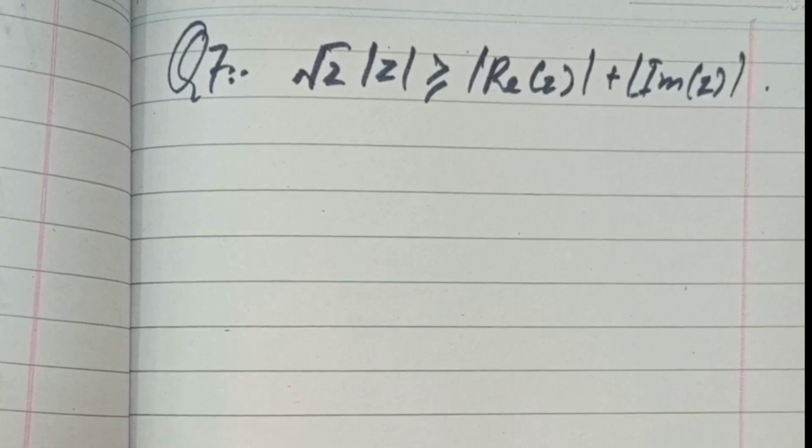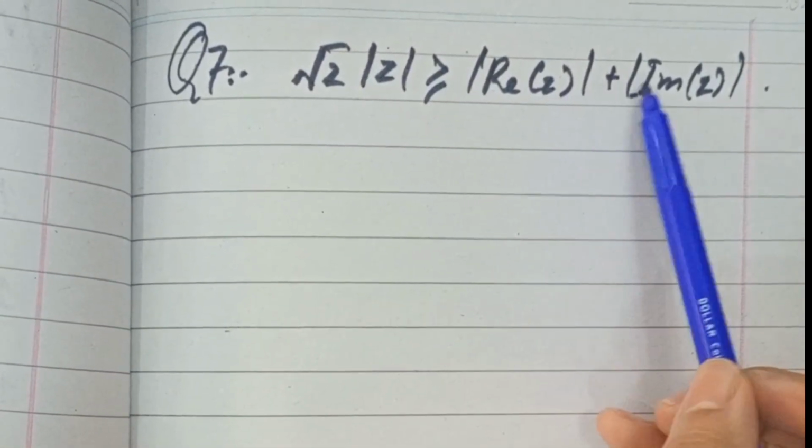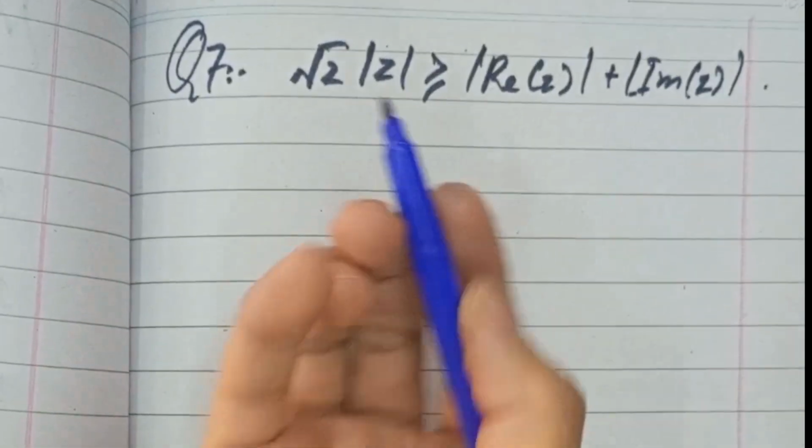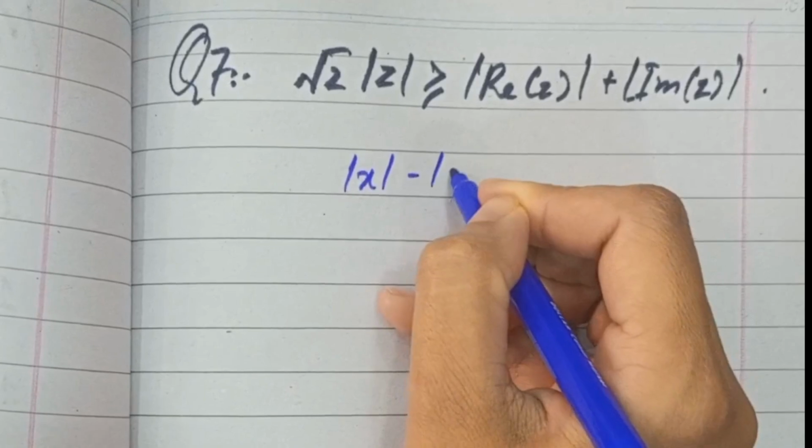In question number 7, we are going to verify this property that √2 |z| is greater than or equal to |real part of z| + |imaginary part|. For this, let's start with this.